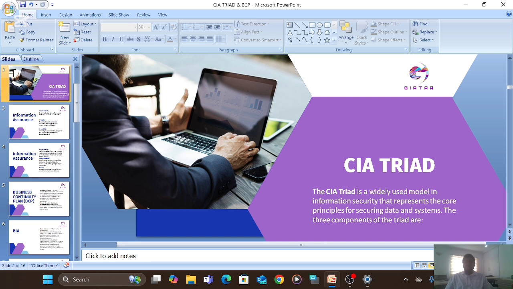When it is needed and being protected, it is being accessed by the people that are supposed to be able to access that data, meaning authorized users. So you have data stored somewhere, you'll be able to access your data and it's not going to be a problem. That is what the CIA triad is covering.